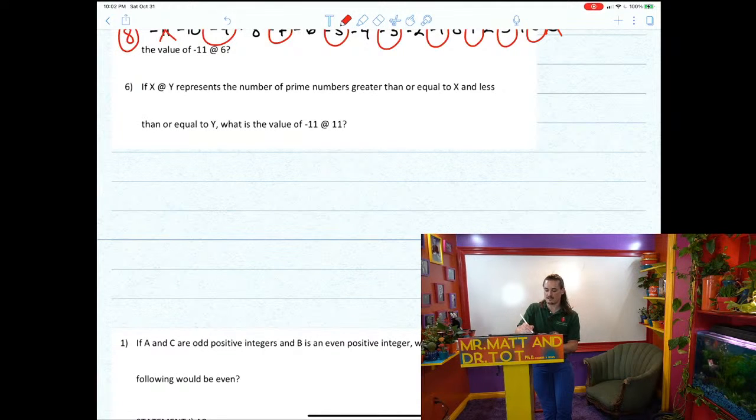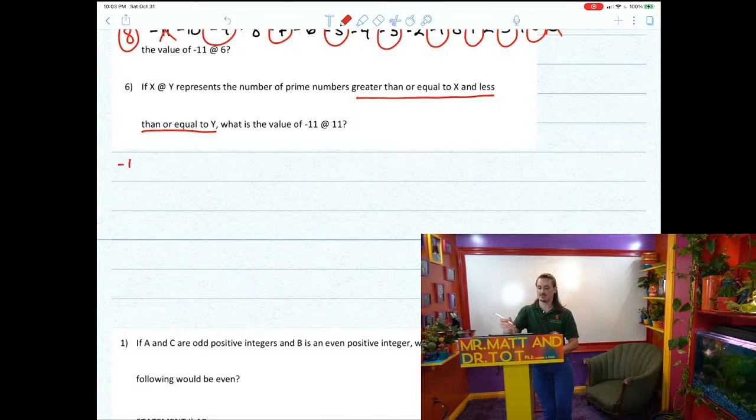So we're going to have negative 11, negative 10, negative 9, negative 8, negative 7, negative 6, negative 5, negative 4, negative 3, negative 2, negative 1, 0, 1, 2, 3, 4, 5, 6, 7, 8, 9, 10, and 11. We can include the endpoints, so we're not going to eliminate anything out of this number listing.